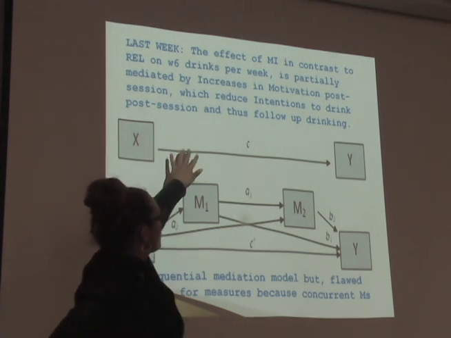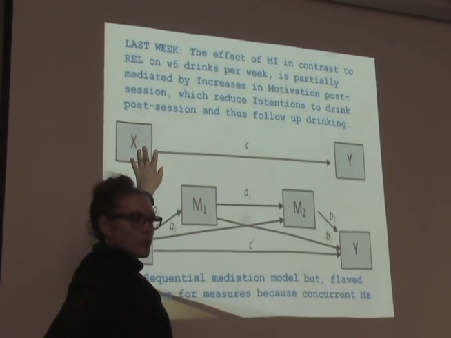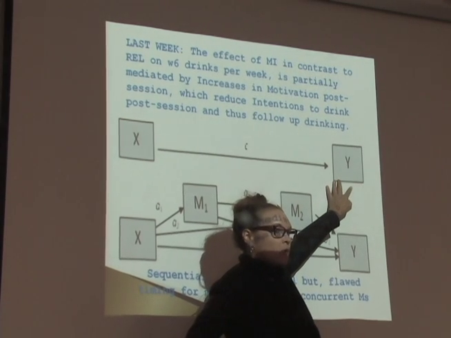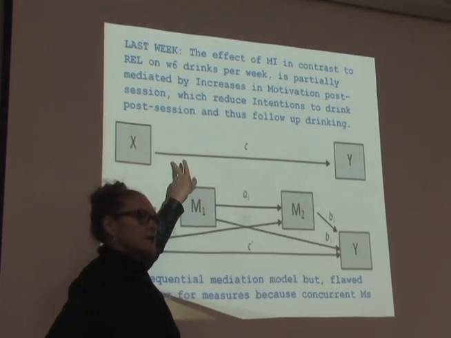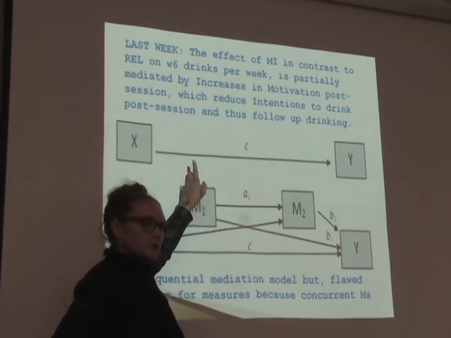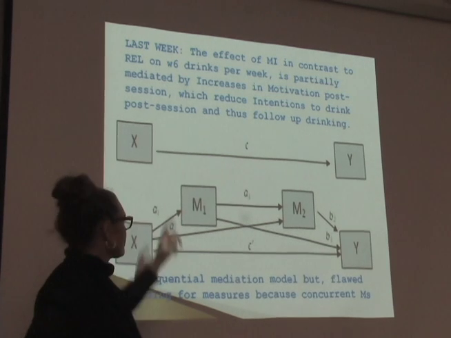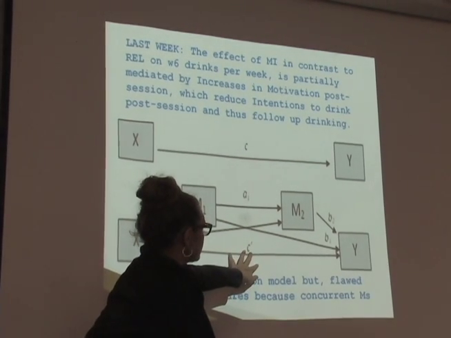We've got the total effect here, which is that MI was efficacious over relaxation control on a variety of drinking outcomes among this young adult non-4-year college sample, right? So it was a pretty treatment naive sample. And then this is the sequential mediation model that we tested.